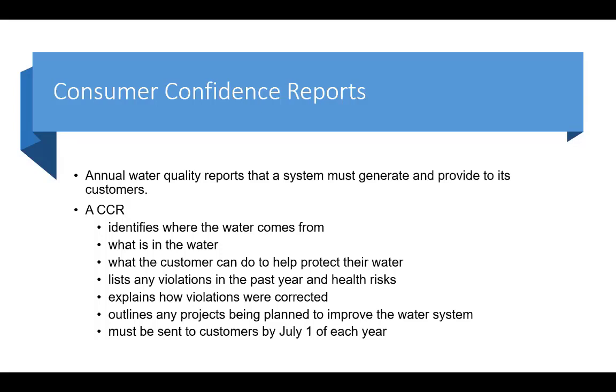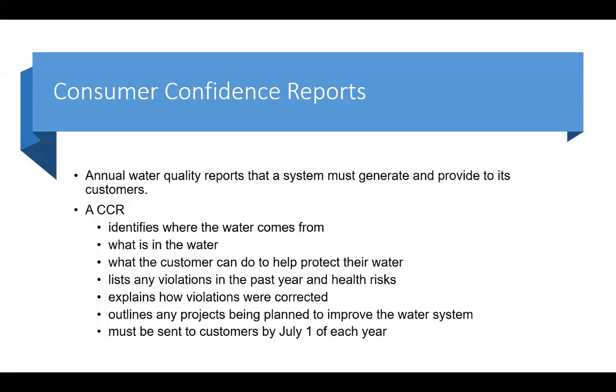It was just constructed and installed within the last year. They've made some major changes in their supply. That's with a wastewater system, but a water system would also have documentation of how they would improve their system. And these have to be sent to the customers by July 1 of each year.